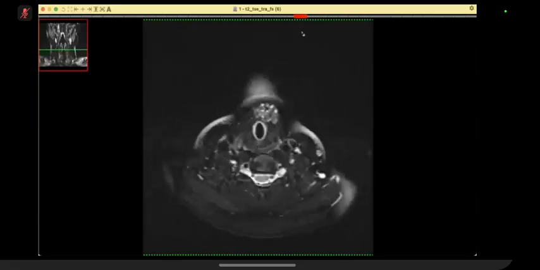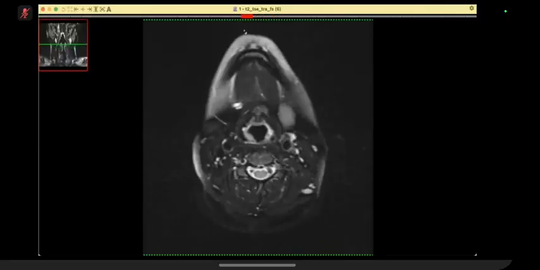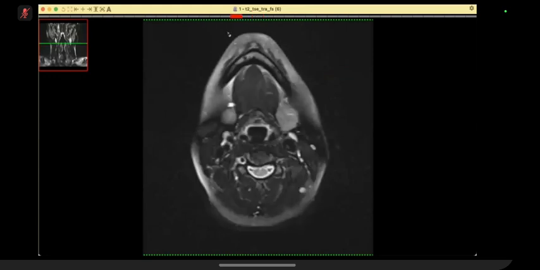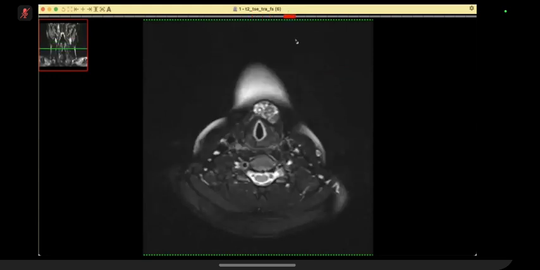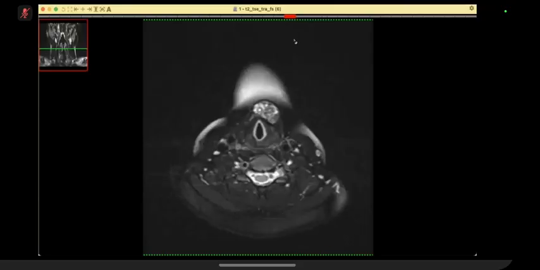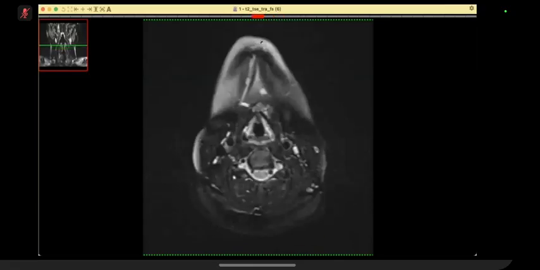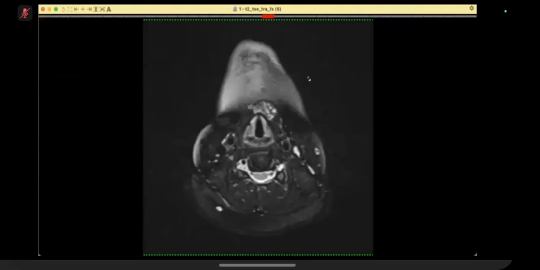It is also likely to be in the subcutaneous fat. So I would like to check this structure in the T1 image. 1 second, please.